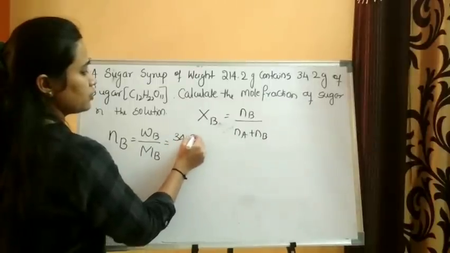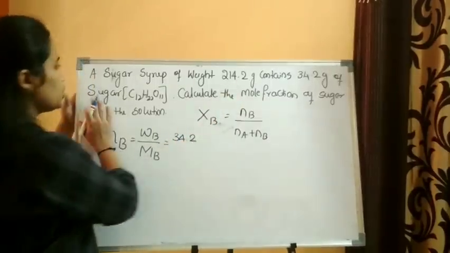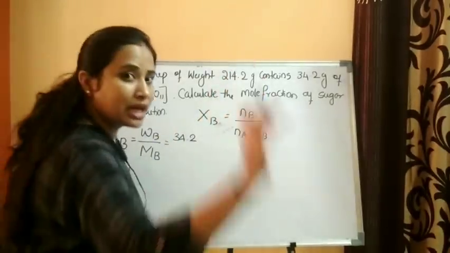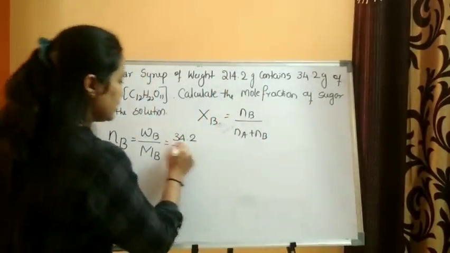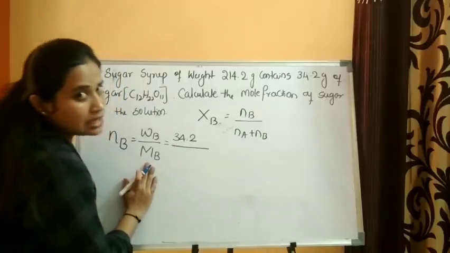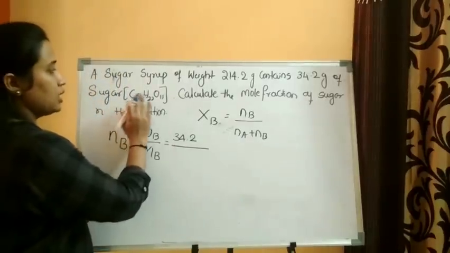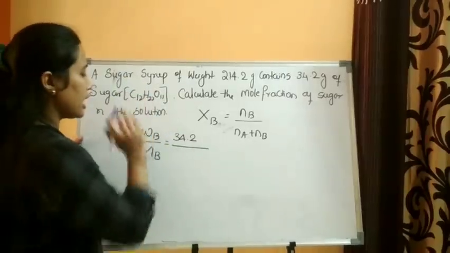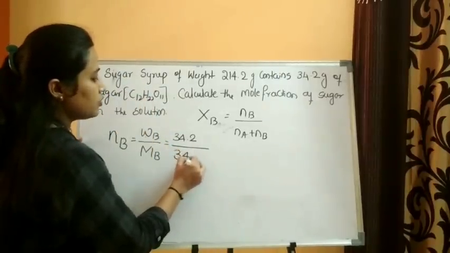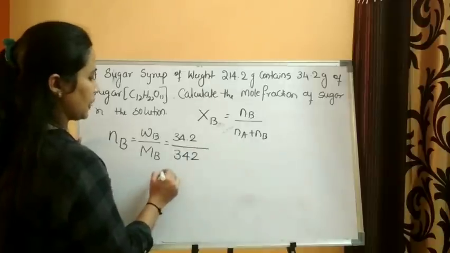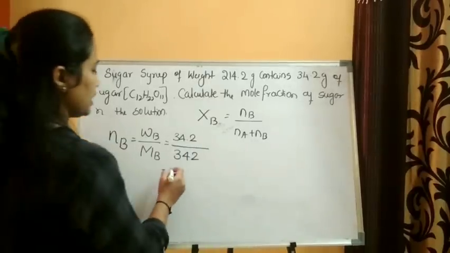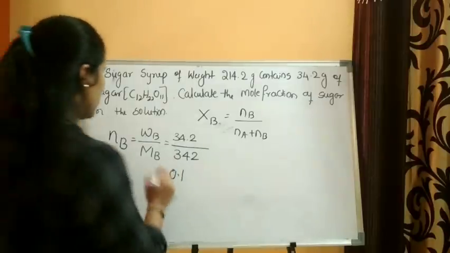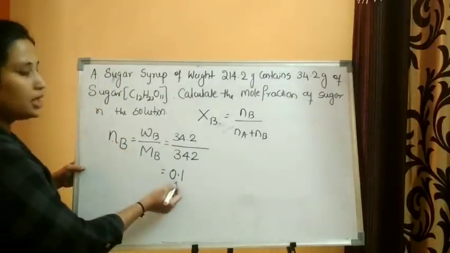So 34.2 gram of sugar is present in 214.2 gram of solution, divided by the molar mass of the solute, C12H22O11. When you calculate, you will get 342 gram. So its value becomes 0.1. So you got the number of moles Nb.